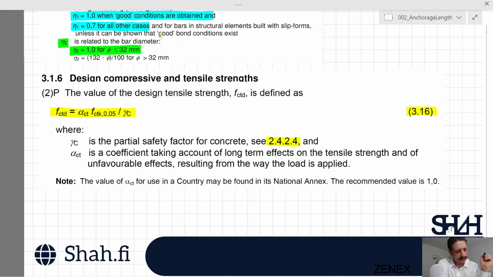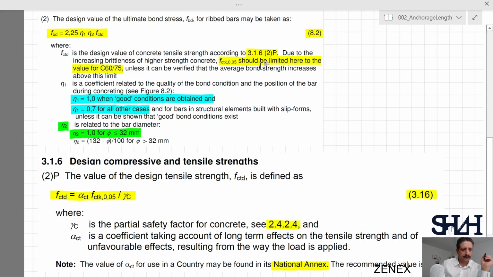And alpha ct is the coefficient taking the long-term effect, and you can find it in the National Annex, or the recommended value is 1. fctk is the value that we need to find out from table 3.1 in Eurocode.